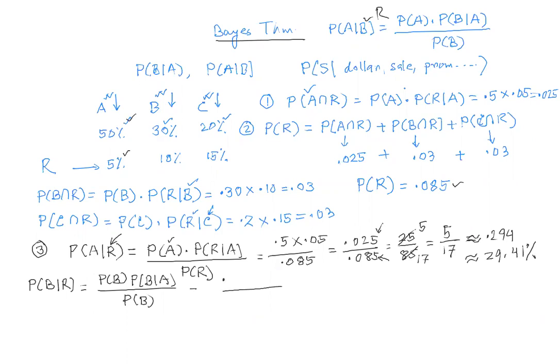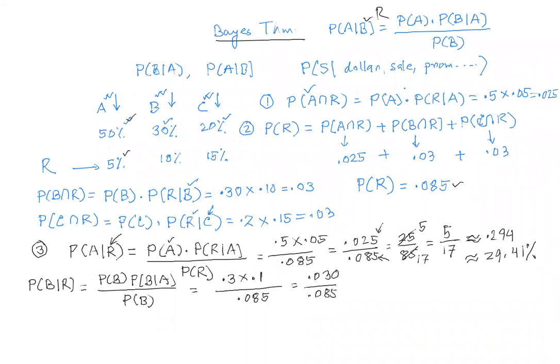The probability of staying at hotel B is 30% times the probability of having a reservation problem at hotel B, which is 10% or 0.1. All of it divided by 0.085. That's going to give me 0.03 divided by 0.085.